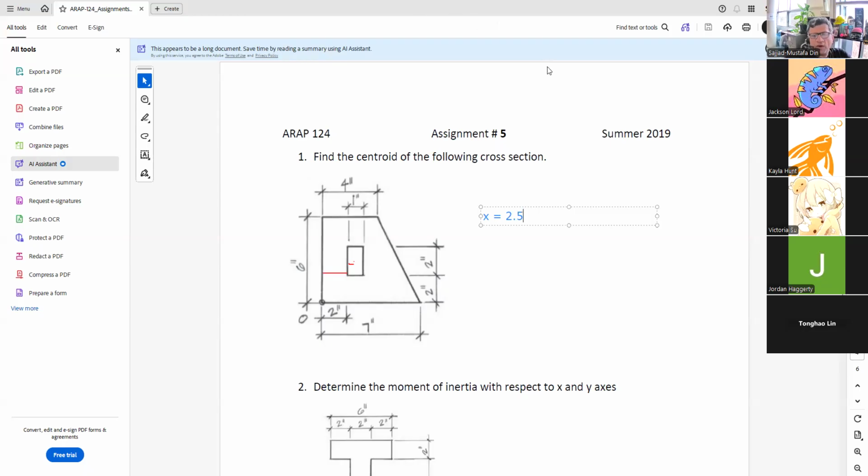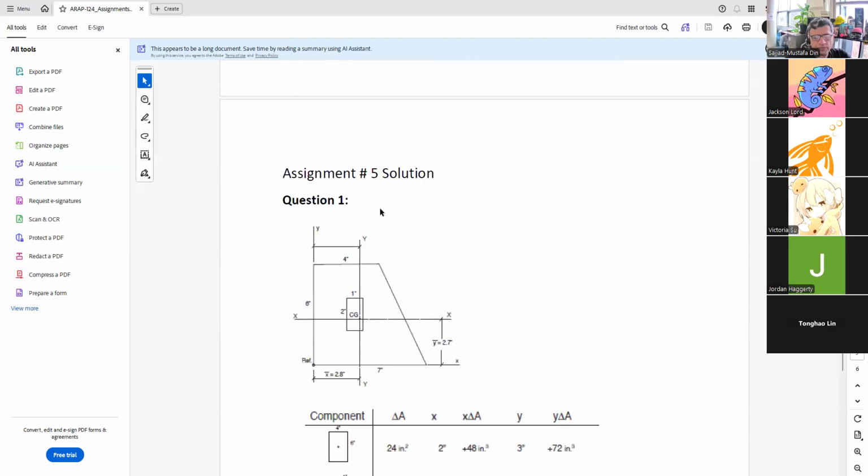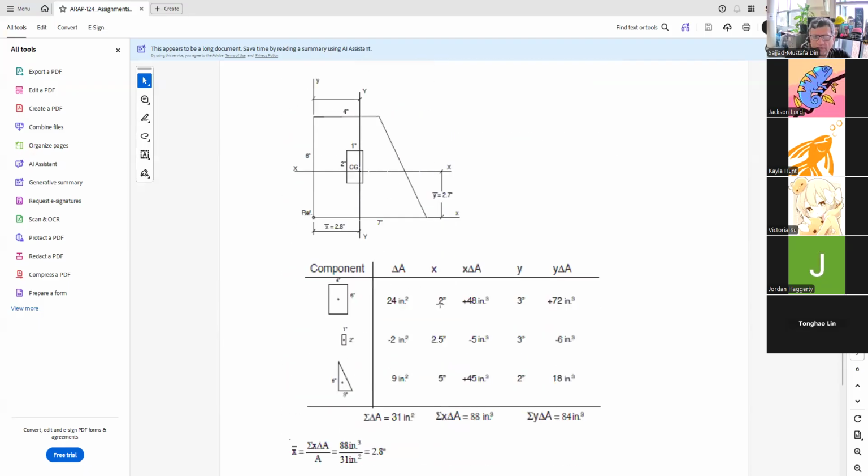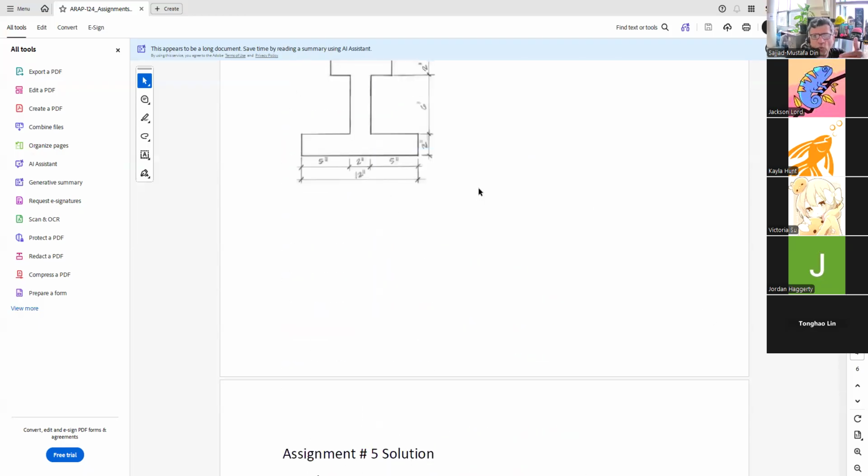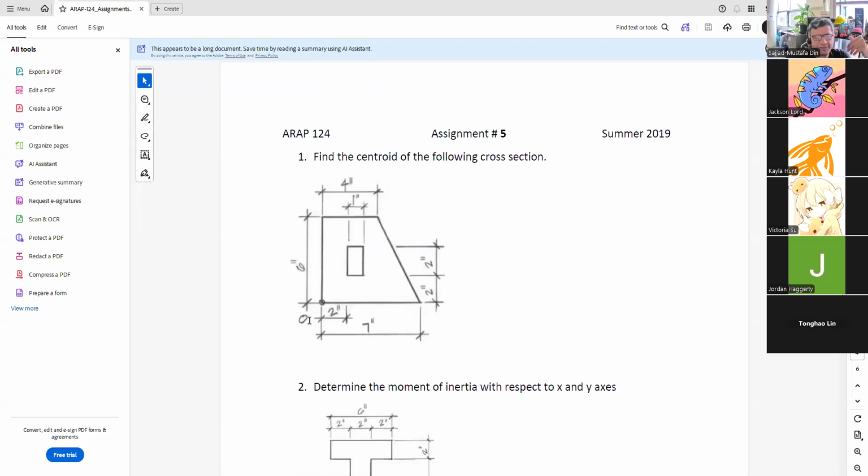Okay, good. Now, where do you plug in that 2.5? Well, let's take a look. That's where you plug in 2.5 for that shape. And then you do the same in terms of the Y for that shape in the calculation.